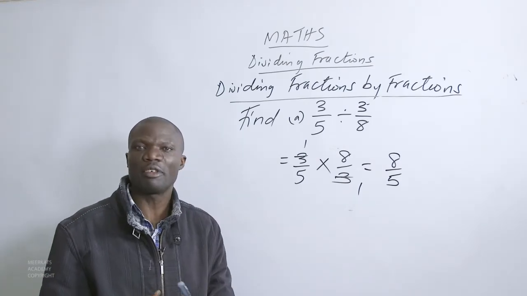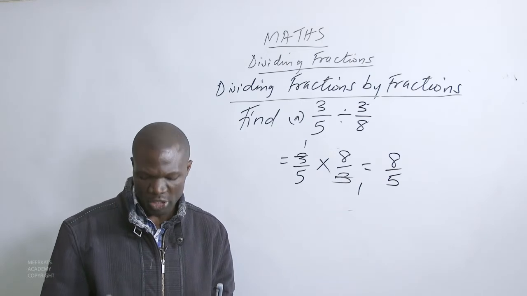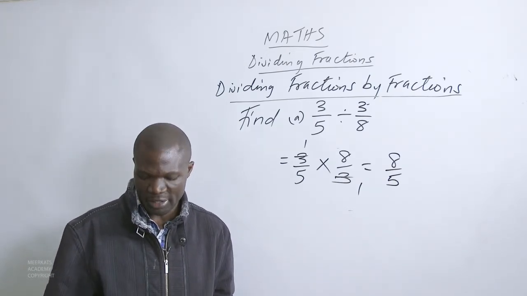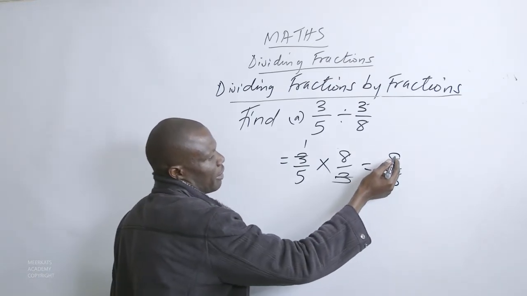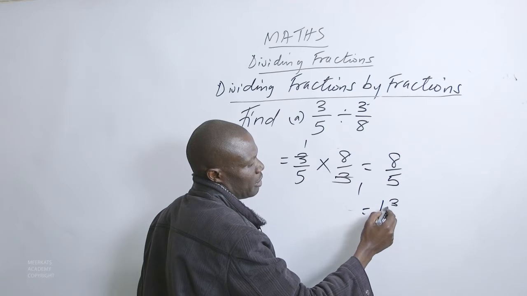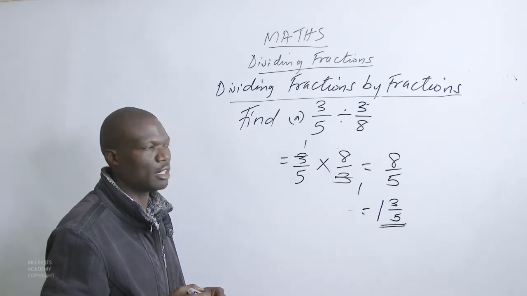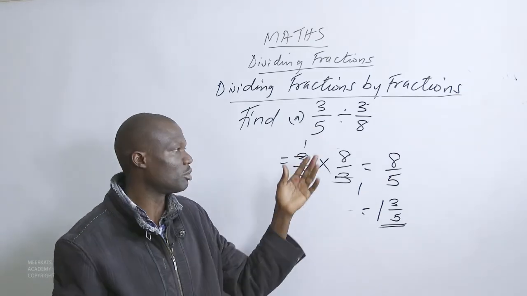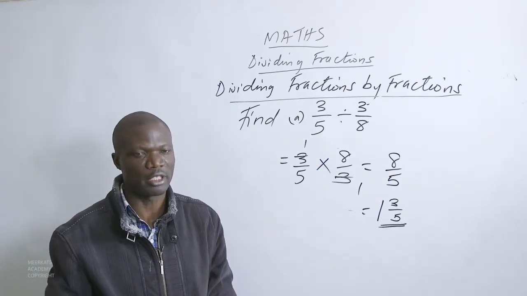So 8 over 5 is an improper fraction, and we need to simplify it further by writing it as a mixed numeral. So 5 goes into 8 once, remainder 3, and so we have 1 and 3 over 5. That should be our answer when we are dividing this question of two fractions.